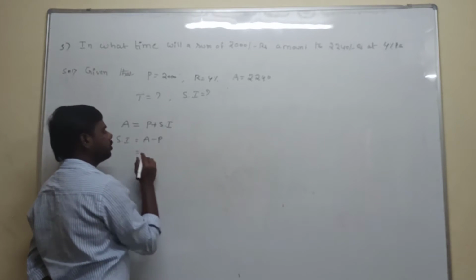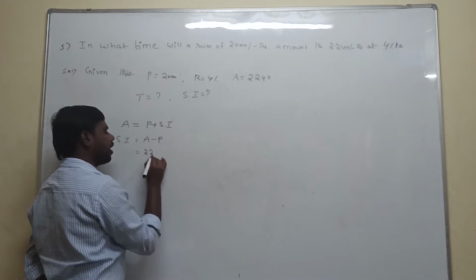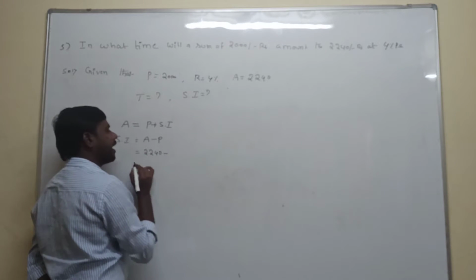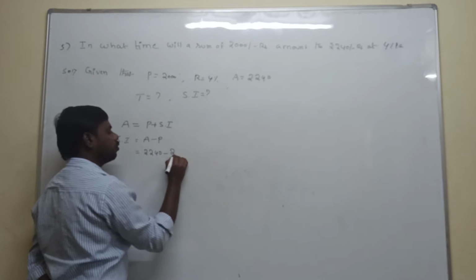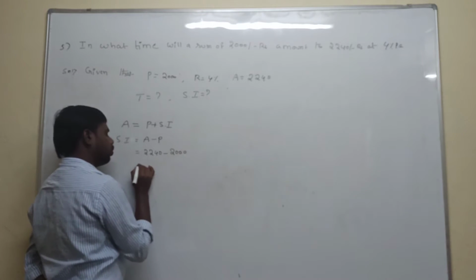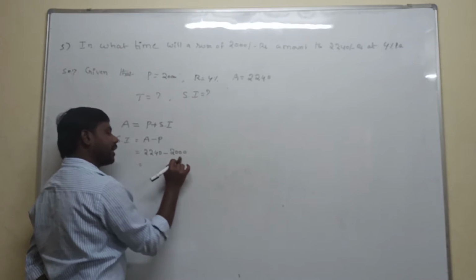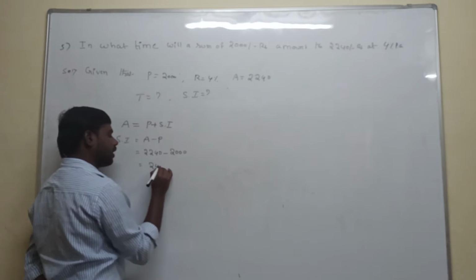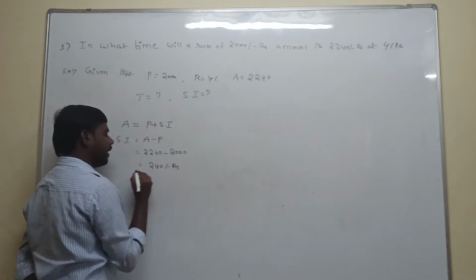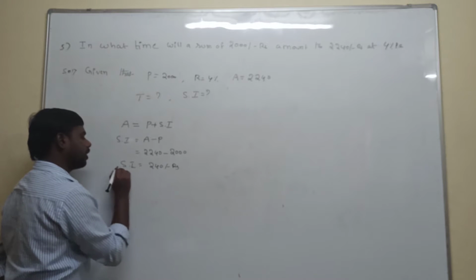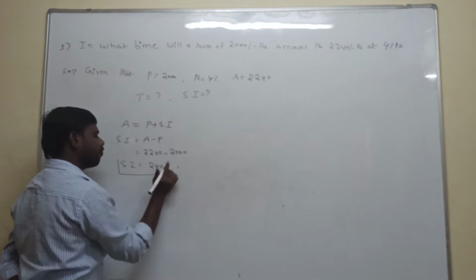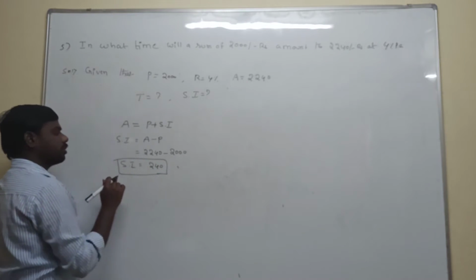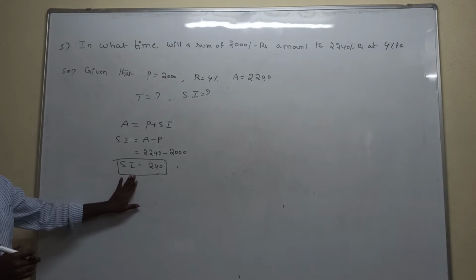The amount is 2240 minus the principal amount 2000. 2240 minus 2000 is 240 rupees. This is the simple interest. So we get the simple interest value, 240 rupees.